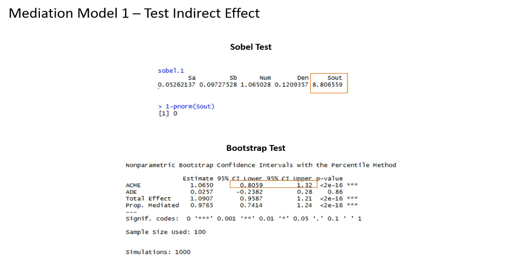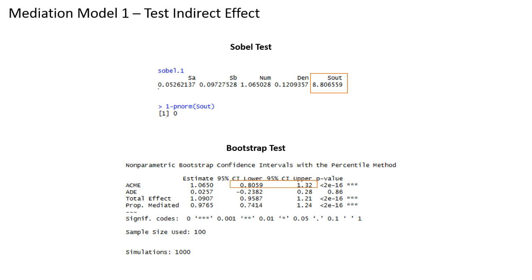I found a value of 8.8, which had a p-value essentially approaching 0. So for my first model, I failed to rule out mediation, so we can consider mediation as a potential effect in this model. The Kenny website also explains that the Sobel test is conservative, so overall it tends to have lower power. This is just something to keep in mind.